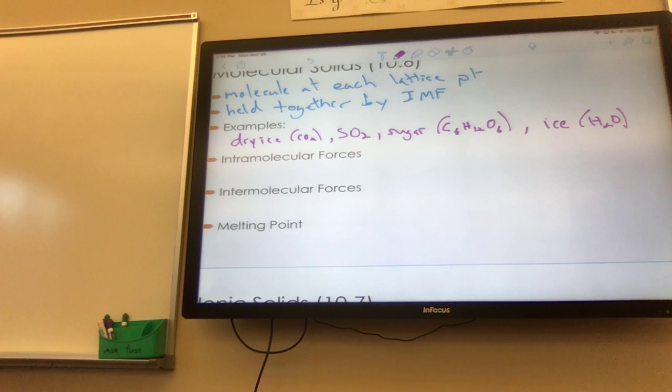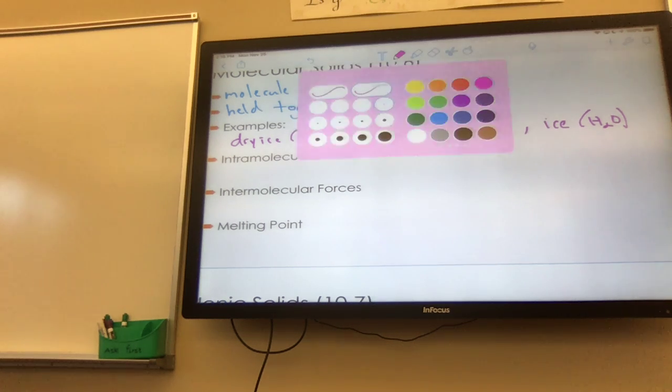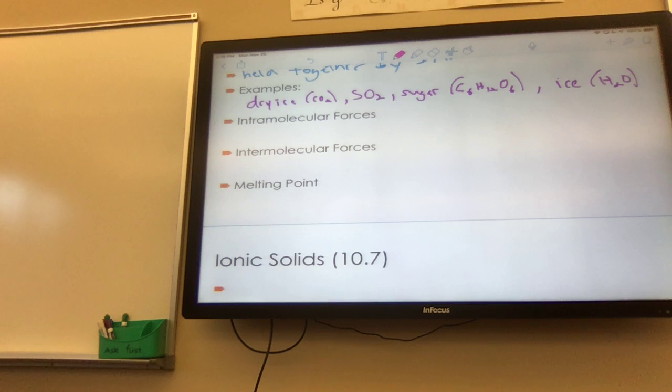So these have intramolecular forces within each molecule and intermolecular forces keeping the molecules together. It is really easy to mess up on your language with these questions. So the intramolecular force is the bond holding the molecule together. It is a covalent bond.